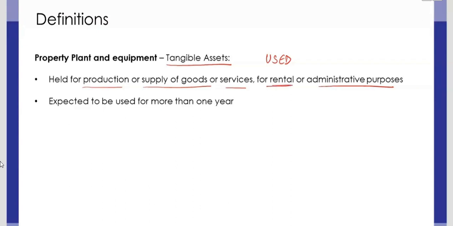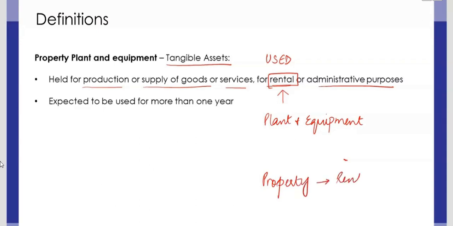One more thing over here is rental purpose. This is something that I would like to highlight separately. When you talk about property, plant and equipment held for rental purpose, please keep this in mind that this criteria is only applicable on plant and equipment. The reason for it is that when a company has property which is held for rental purpose, property means any kind of land or building which is held for rental purpose, this falls under the scope of IAS 40.